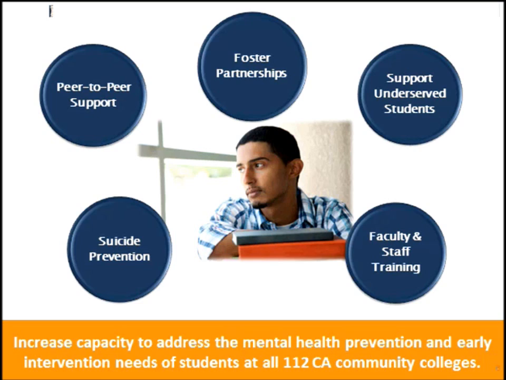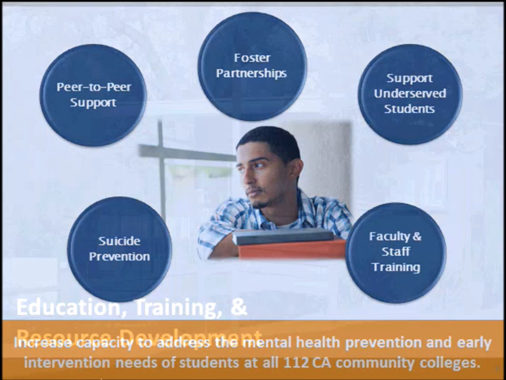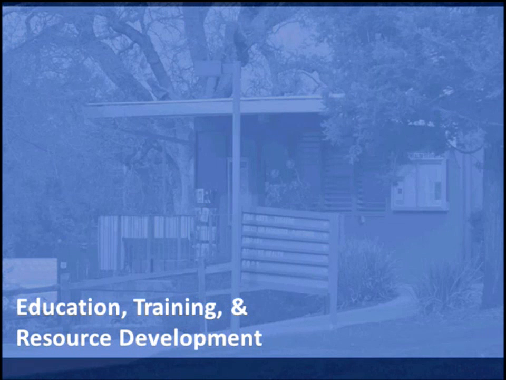A major component is fostering partnerships and collaborations with not just internal stakeholders in the colleges, but also external partners in the community, public and private. We're definitely supporting underserved students. Faculty and staff training is a huge component, as is the training of students, and suicide prevention. Next slide, please.